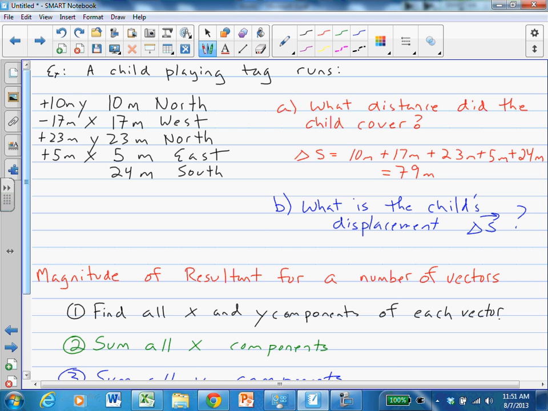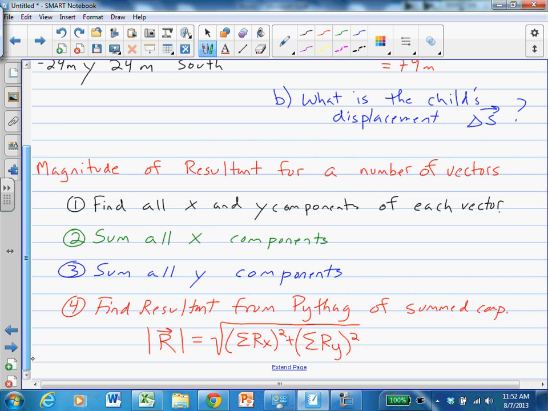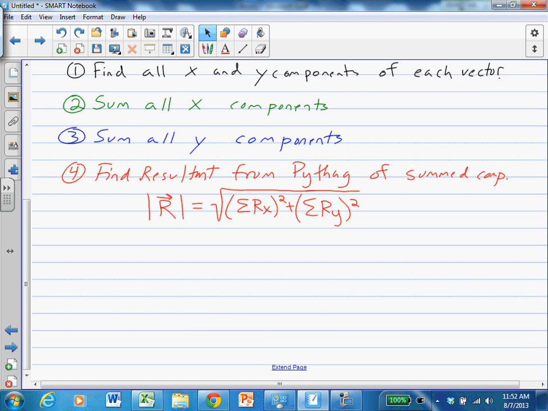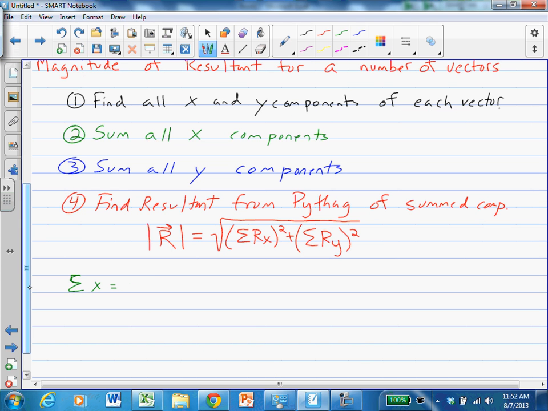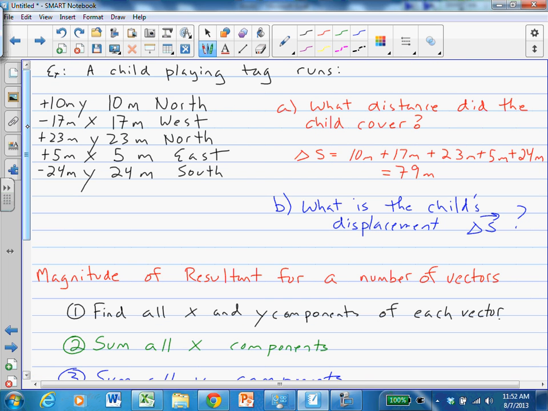And then the next step says to sum all the x components. So if we sum the x components, we get minus 17 plus 5 is minus 12 meters. And sum all the y components, we get 10, 33, minus 24 is 9, right?